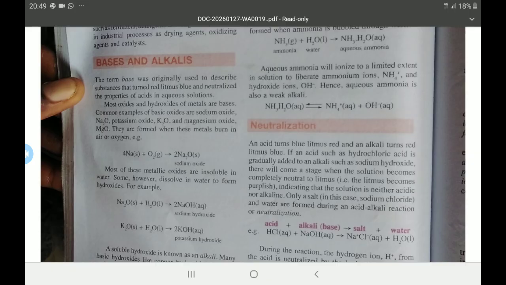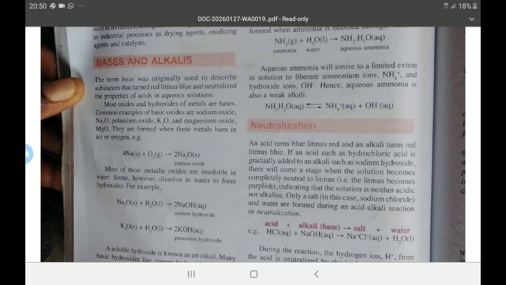In our previous class, we considered the concept of acids, and we said an acid is simply a substance that has the characteristics of being sour when tasted. It has the ability to turn blue litmus into red, and so on and so forth. And we looked at the various types of acid. We have organic and inorganic acids, and we looked at the concept of ionization, where we say that when acid dissolves in water, it produces hydrogen ion as the only positive ion.